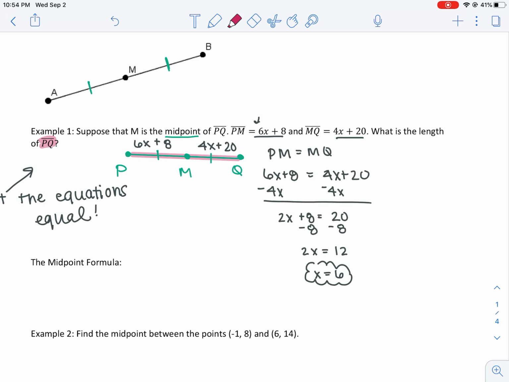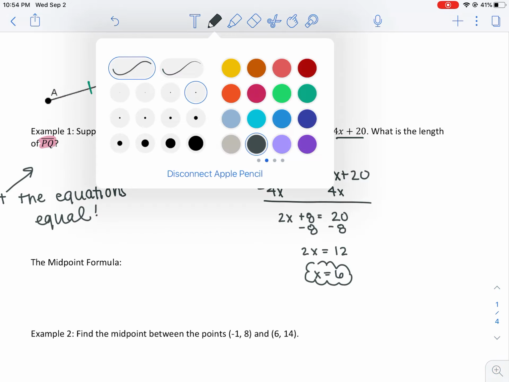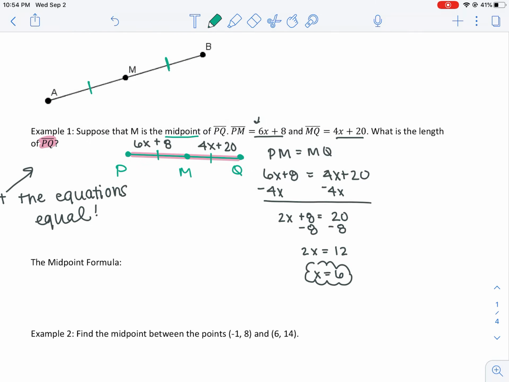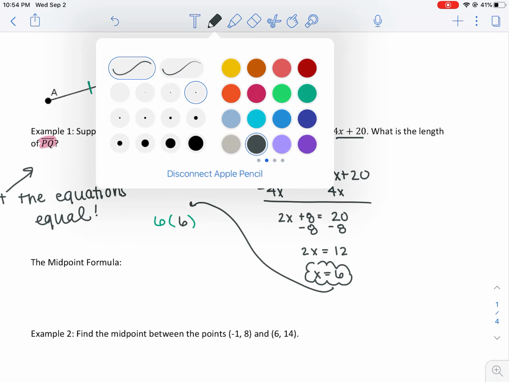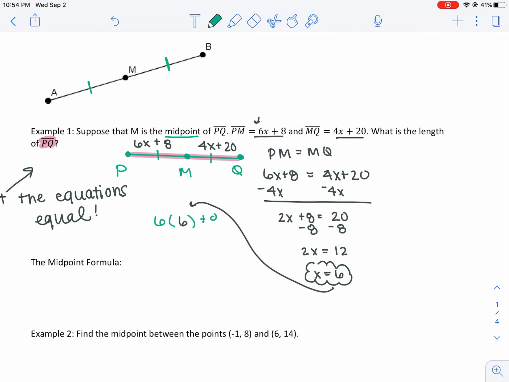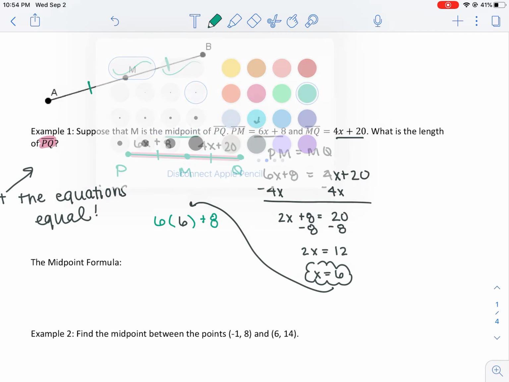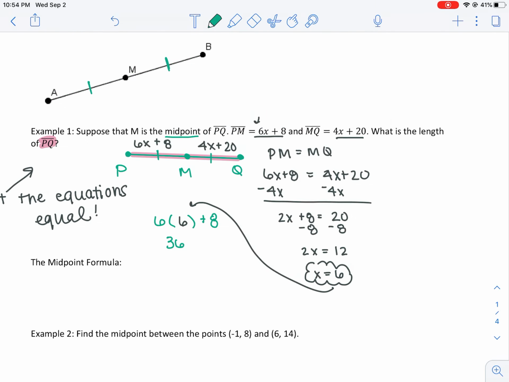So I'm going to pick the first one, PM. So I'm going to plug in 6 for x. So 6 times, I'm plugging in my x, this guy, plus 8. So 6 times 6 is 36, plus 8.